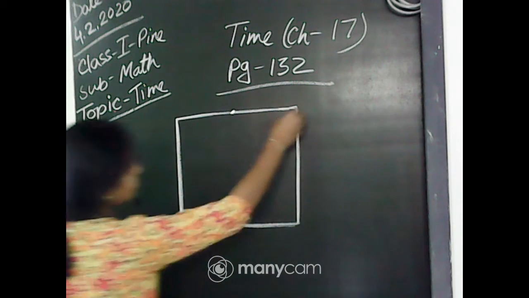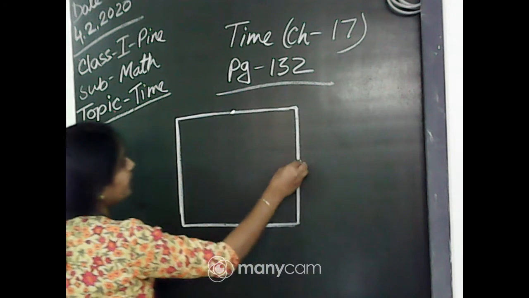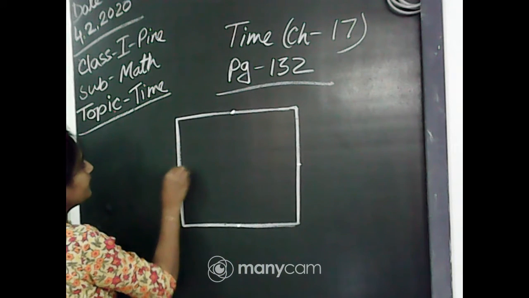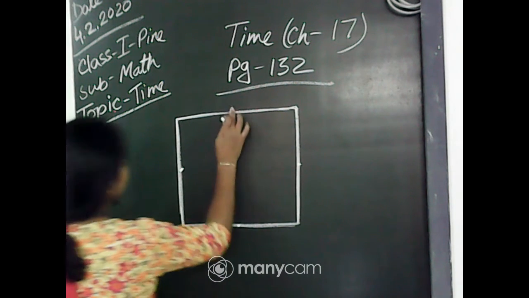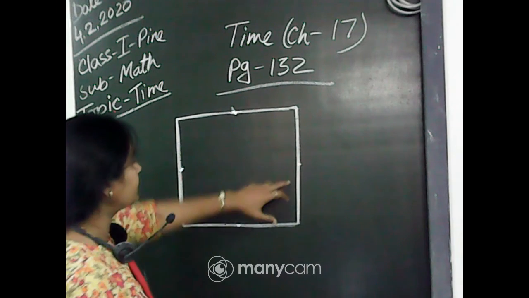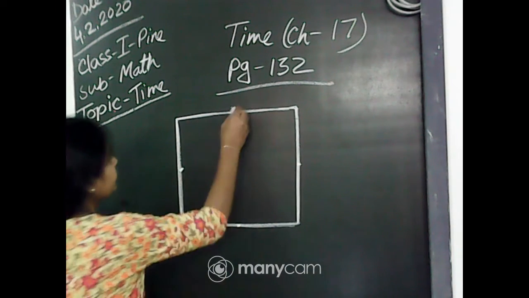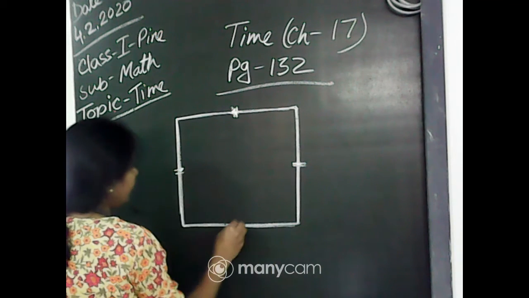Okay, and on this side, just in the middle give a point, and just opposite give a point. First 4 points, in the middle of all the sides.